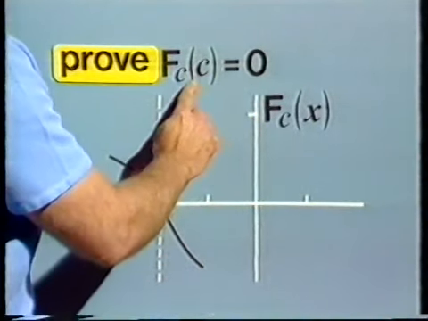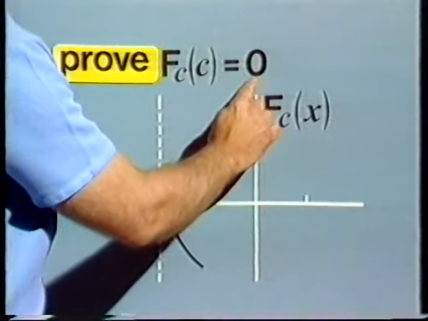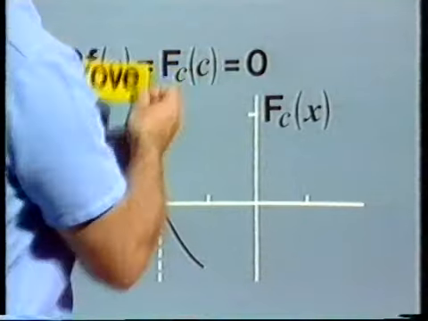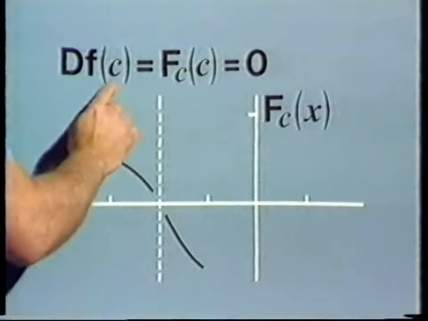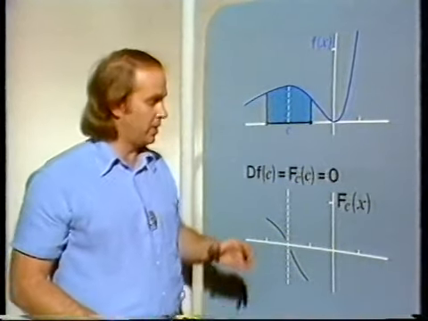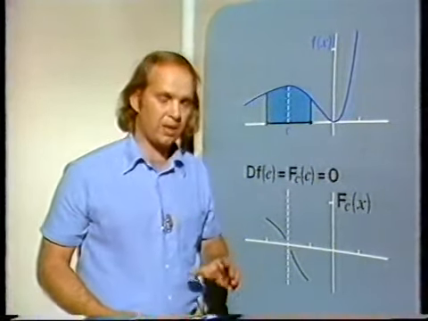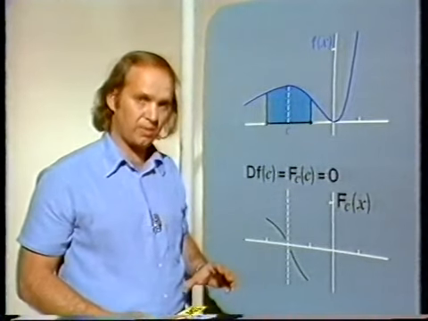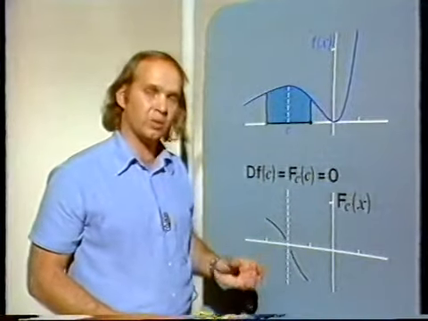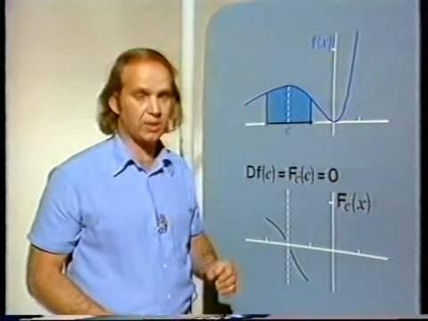So these two points, the image of c and 0, are the same. And that's what we wanted to prove. We have the derivative of f at c is 0. And this argument holds equally well for a local minimum. So we now have our local extremum theorem that says the derivative at a local maximum or minimum, if it exists, will be 0.